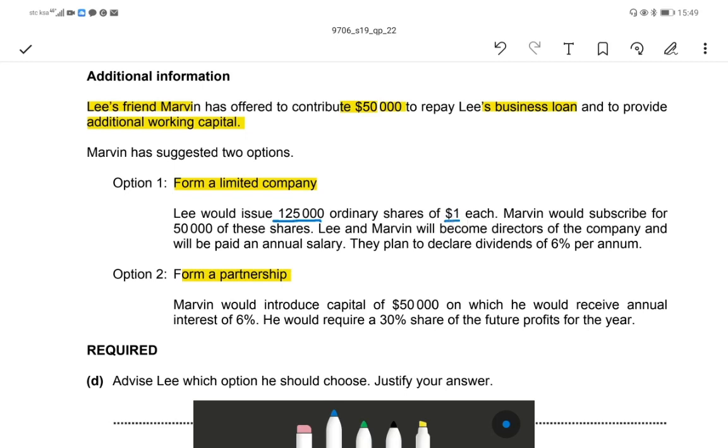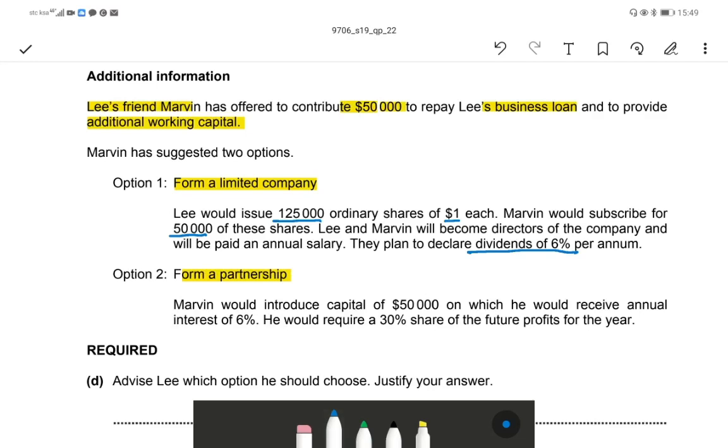Marvin would subscribe 50,000, and the balance Lee would take. Lee and Marvin would become directors and be paid an annual salary. They plan to declare a 6% dividend.